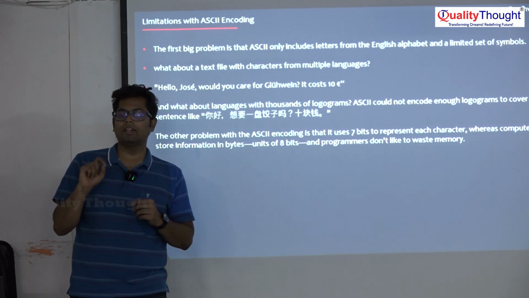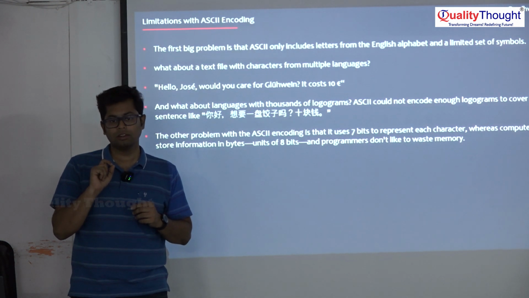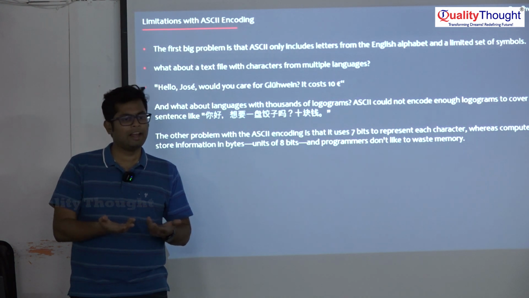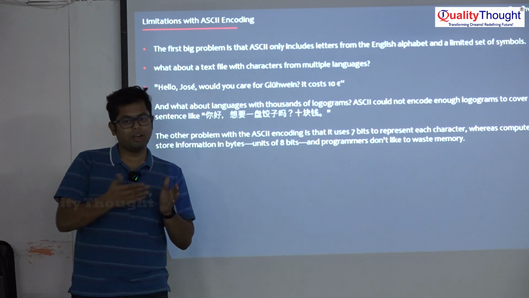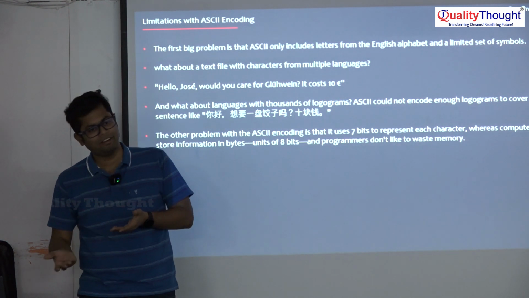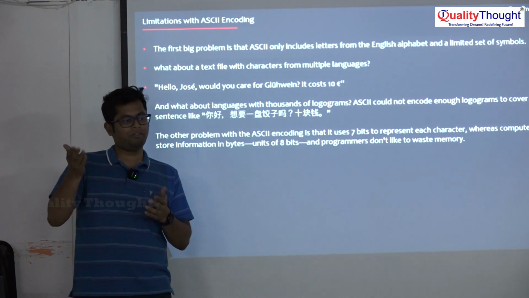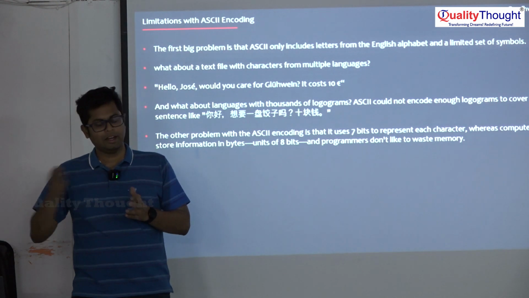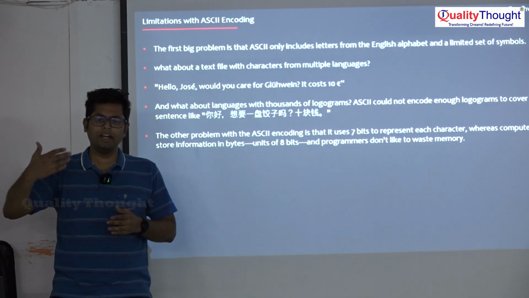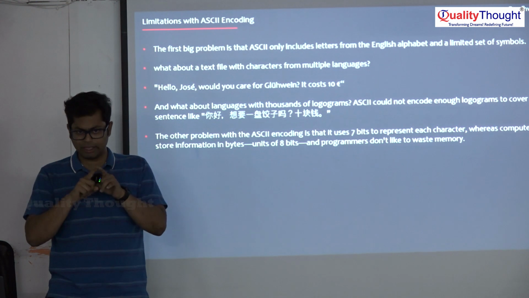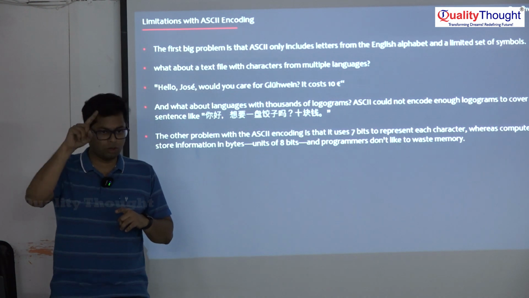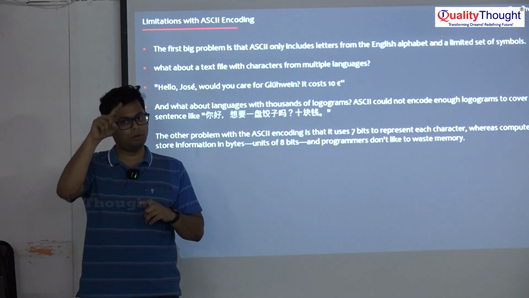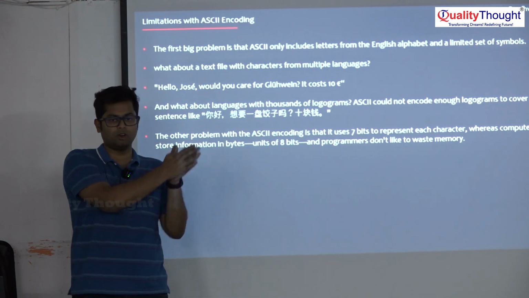And those 127 symbols require how many bits? 8 bits, correct? 0 to 127, it's 8 bits. You take 127 and convert it into binary, and it takes exactly 8 bits. So don't worry, correct? Take the 8-bit representation: 2 to the power of 0, 2 to the power of 1, 2 squared, 2 cubed, 2 to the power of 4, 2 to the power of 5, and 2 to the power of 6.